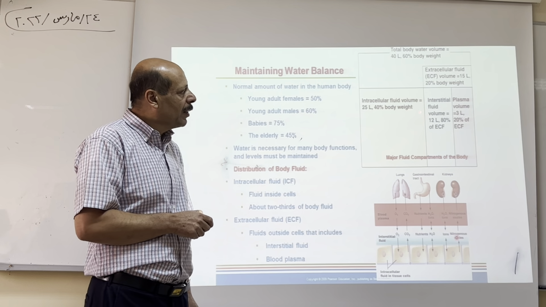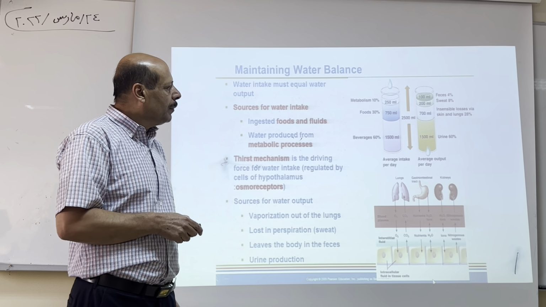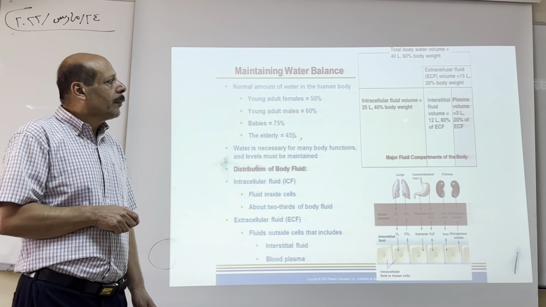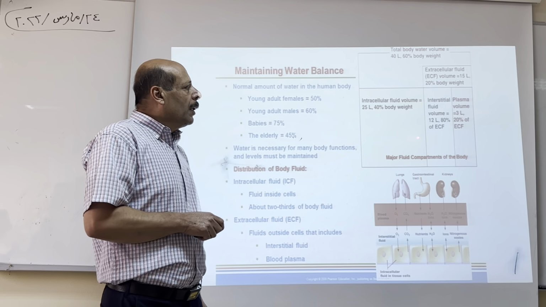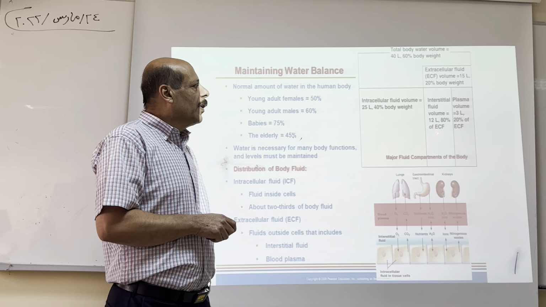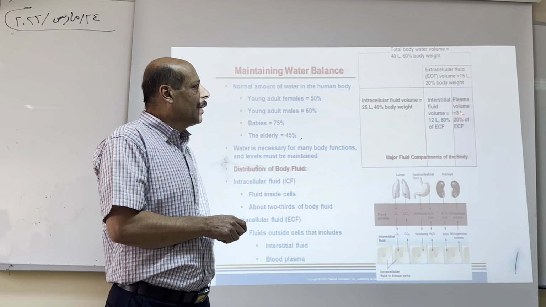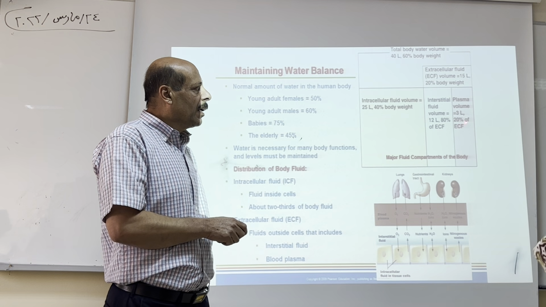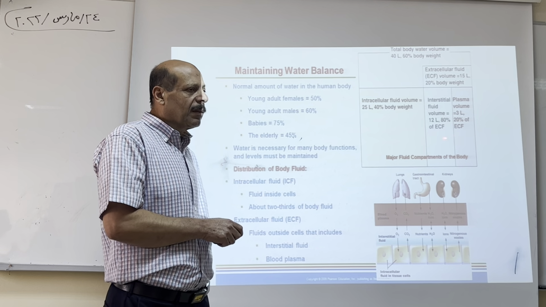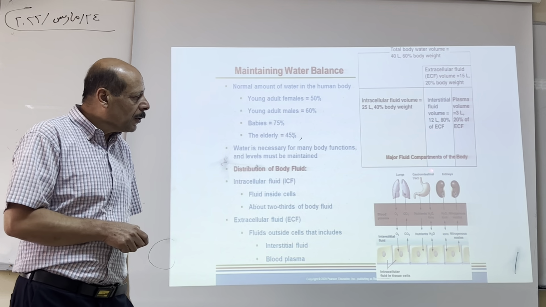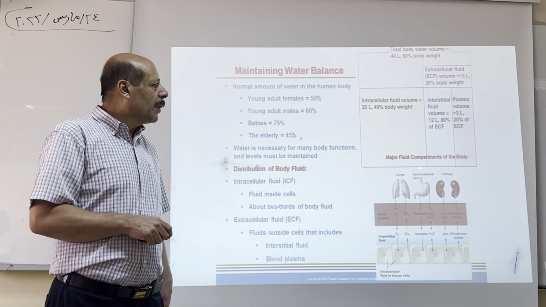So we have intracellular and extracellular fluid volume. In the blood plasma, it is around 3 liters or slightly higher. So those are the fluids that we have.